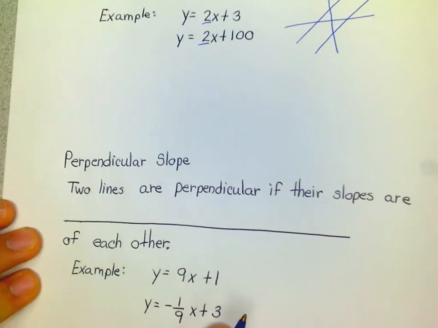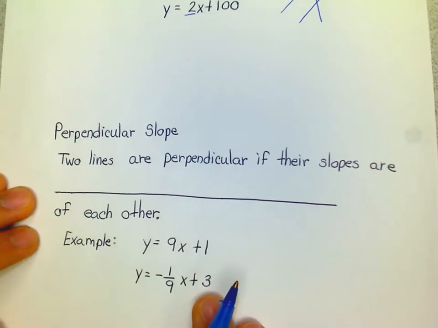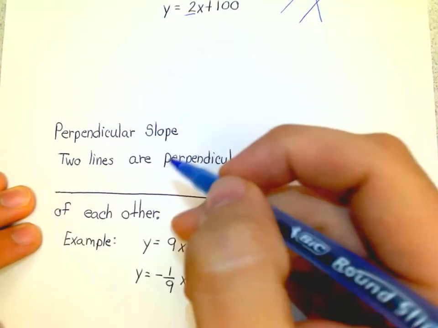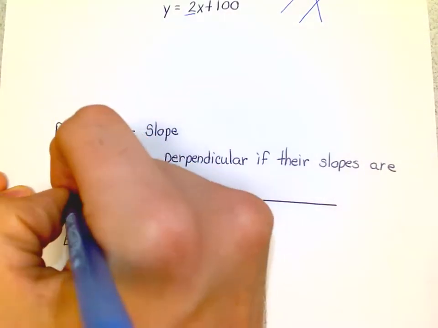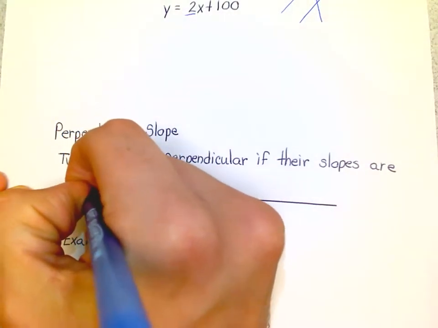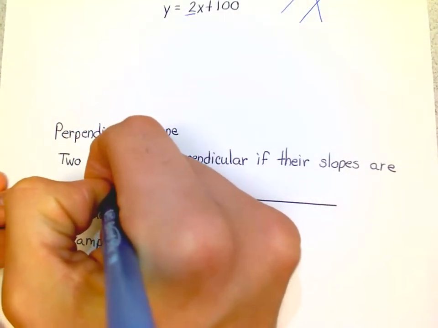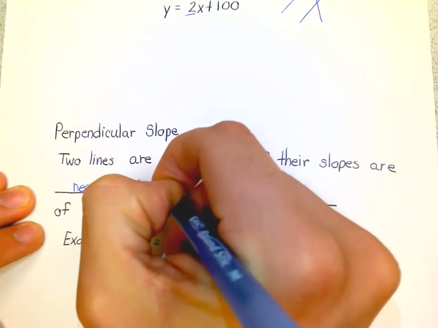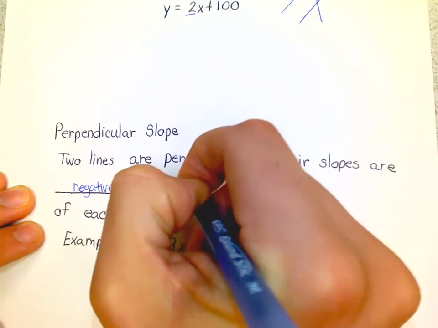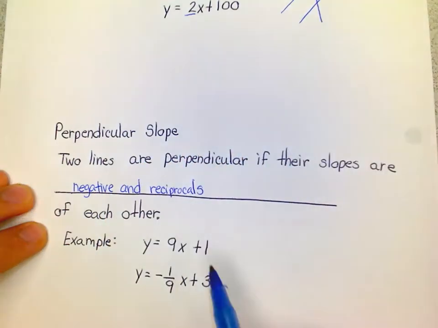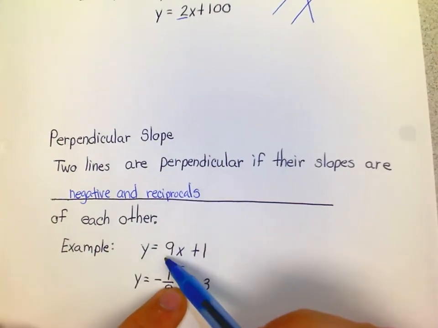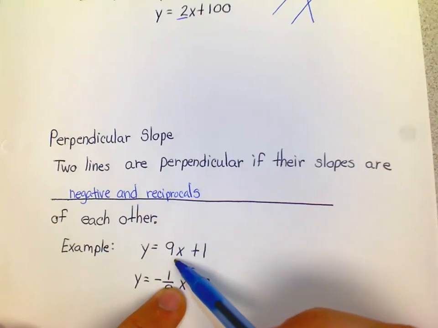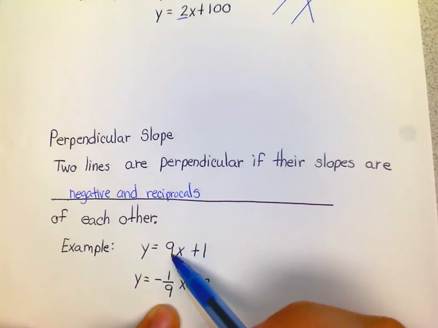Perpendicular slope: two lines are perpendicular if their slopes are negative reciprocals of each other. That means just take the coefficient in front of one of the x's, make it negative, and then flip it.